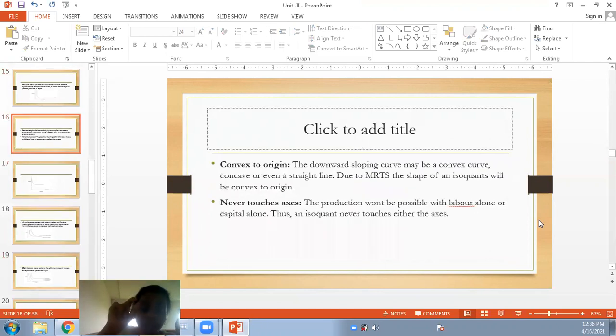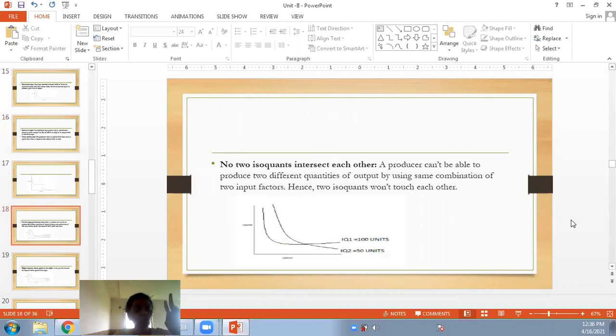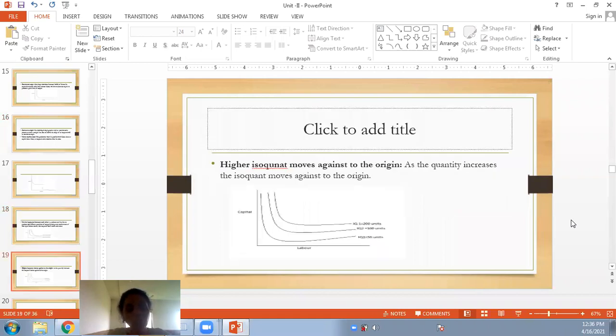If we stand at the origin point, the shape of the isoquant is convex. Next, it never touches the axis, neither the x-axis nor the y-axis. Two isoquants never intersect each other. And the last one: as the isoquant quantity increases, it moves away from the origin. 1000 units will fall somewhere here. So these are the properties of isoquants.